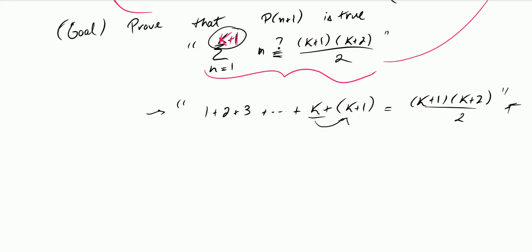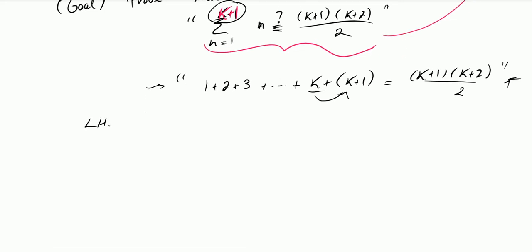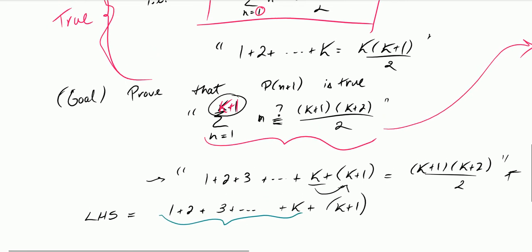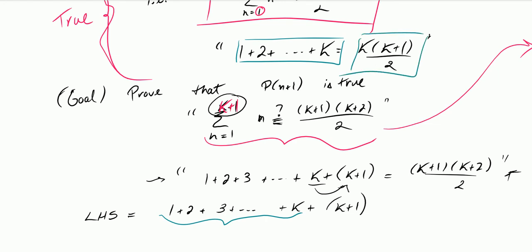So what I do is I start with my left-hand side, which is 1 plus 2 plus 3 plus dot dot dot plus k plus 1. If you're quick enough, you'll notice that part of this is something I already have in my assumption, that 1 plus 2 plus dot dot dot plus k is equal to k plus 1 times k over 2.